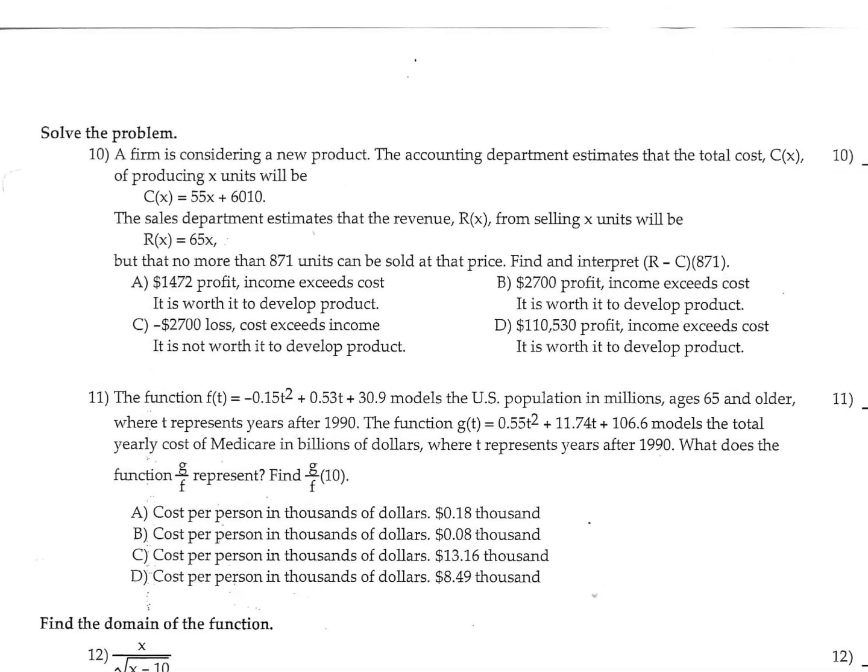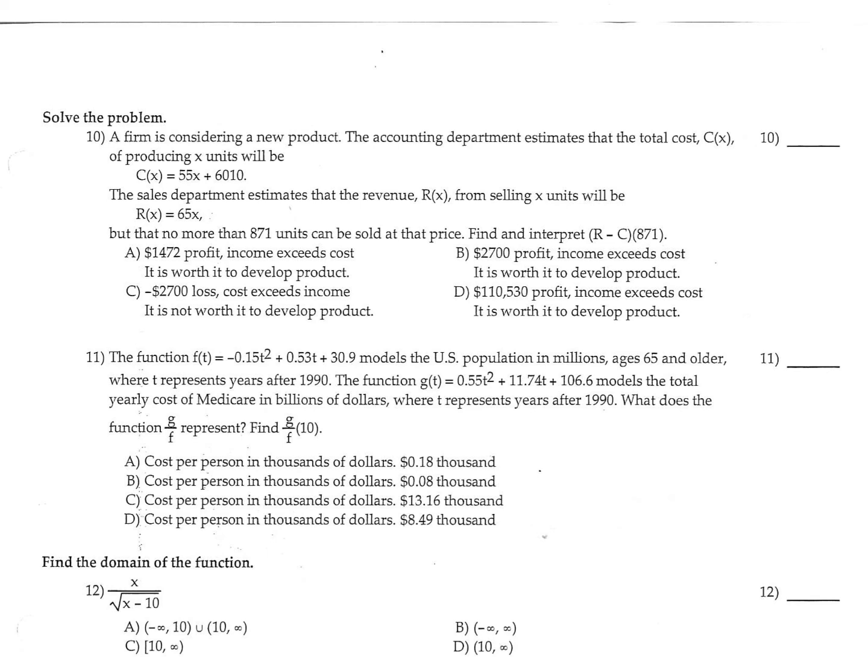Finally, here on number 10, we have a firm considering a new product. We have a cost function, you can see C of x, and a revenue function, R of x. They want us to interpret the solution here. They tell us that no more than 871 units can be sold at that price, based on whatever price was given.